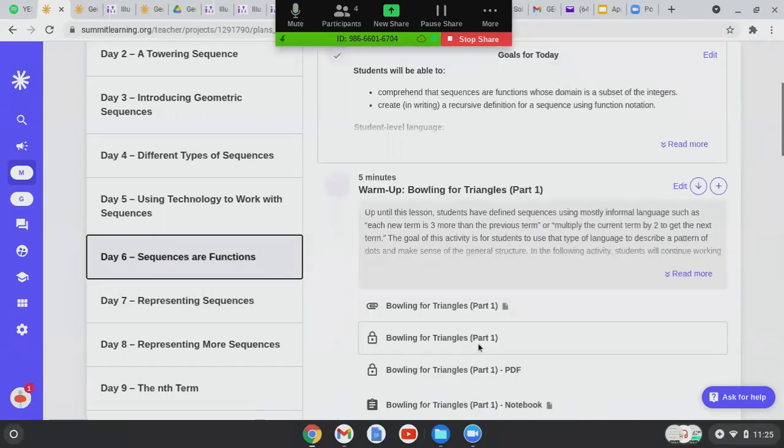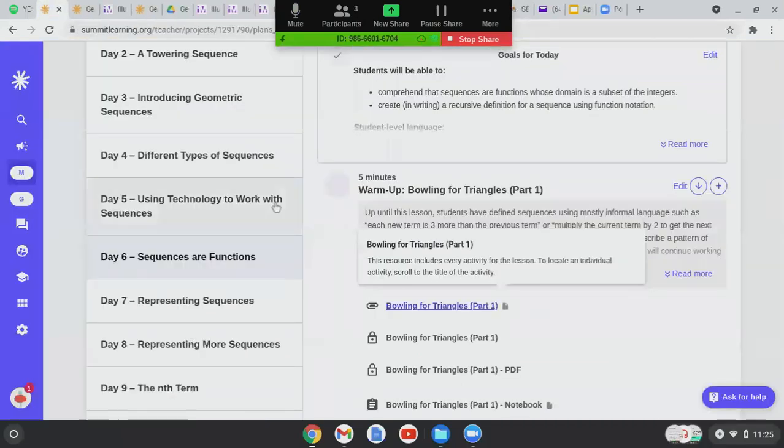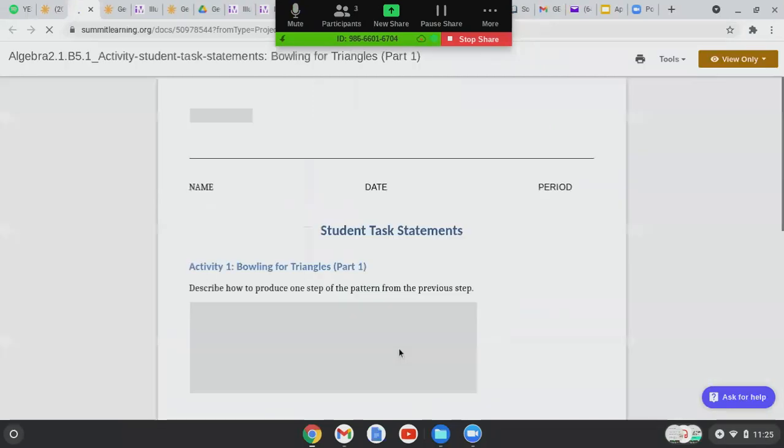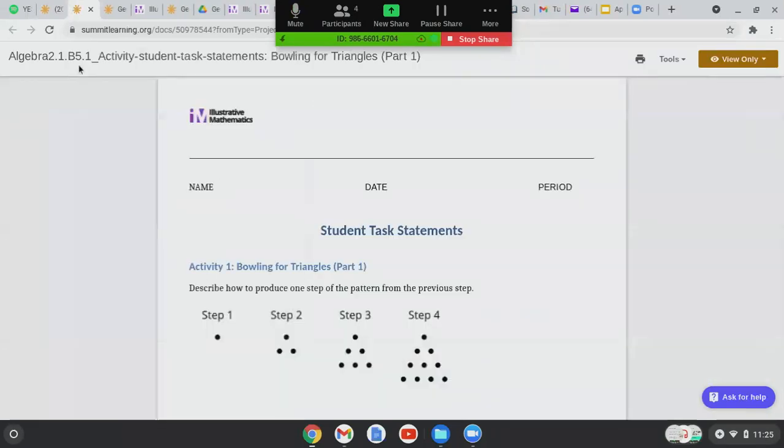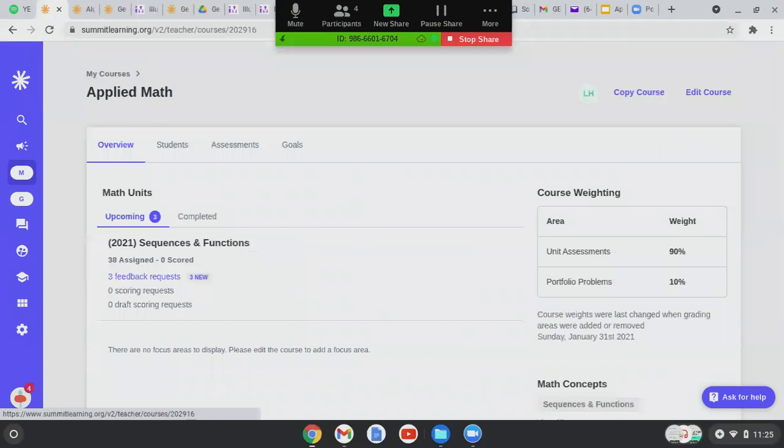You all have that? It should look like that. Uh-oh, I lost the man. Do you have Bowling for Triangles? Hello. We lost you for a minute. Bowling for Triangles. Okay. Do you see it?